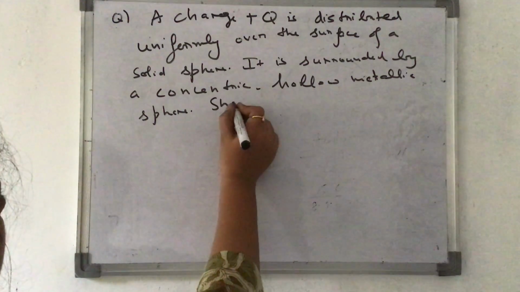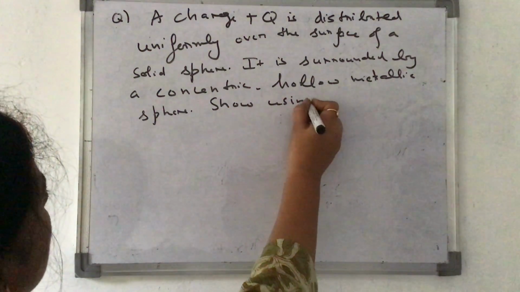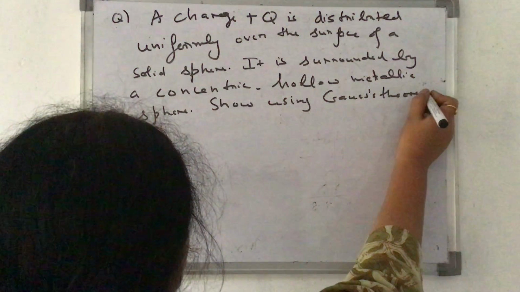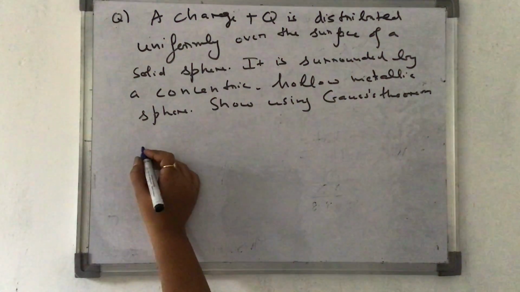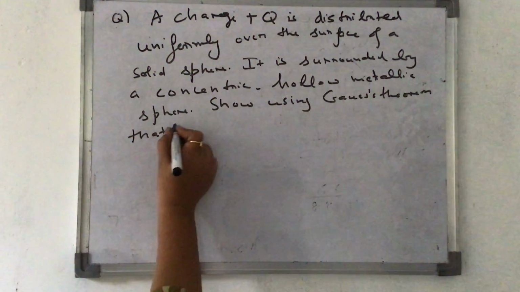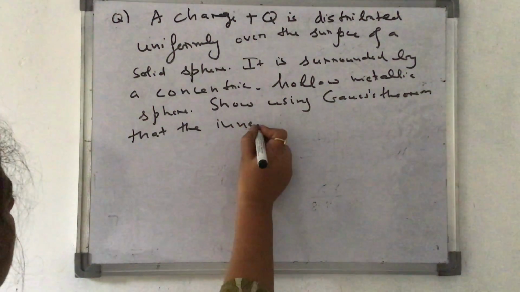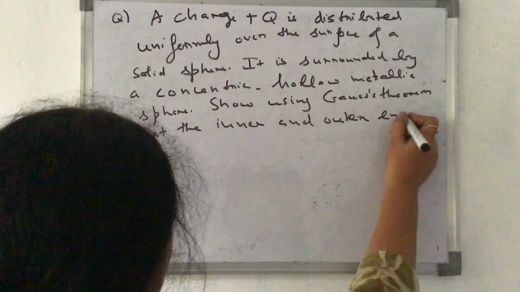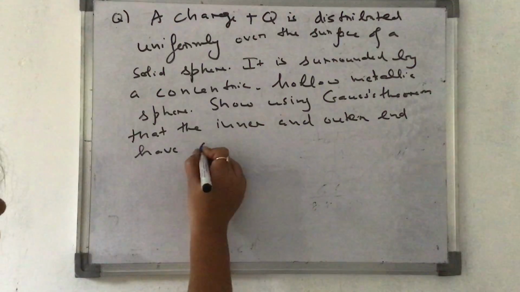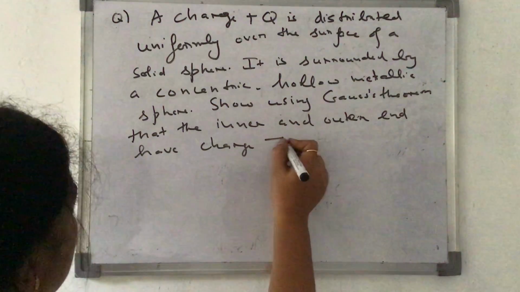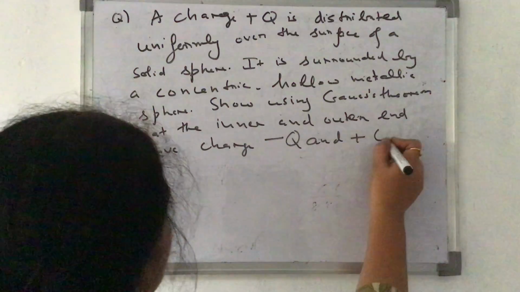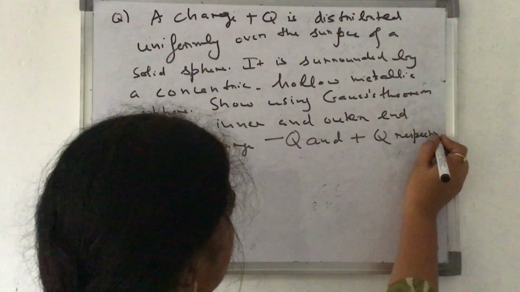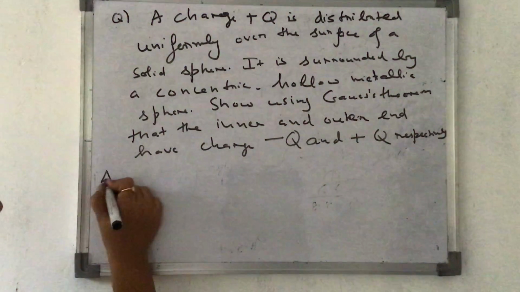Show using Gauss theorem that the inner and outer ends have charge minus Q and plus Q respectively. So we already know, but we have to prove it.